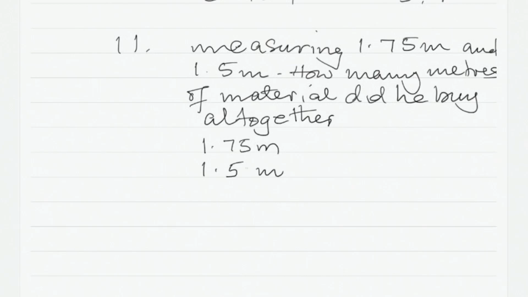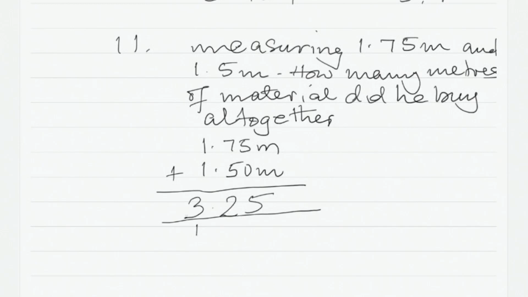You can include a zero there so that it gives you a good way of adding without making mistakes. So we are going to say 5 plus 0, it is 5. 7 plus 5, that is 12. Carry 1. 1 plus 1, that is 2. 2 plus 1, that is 3.